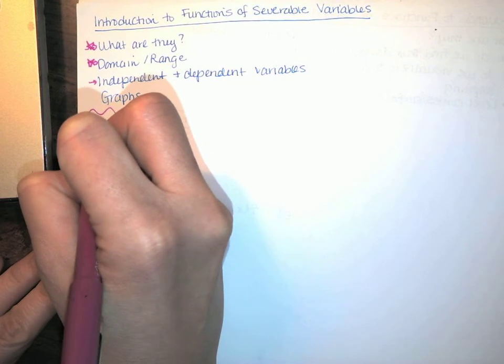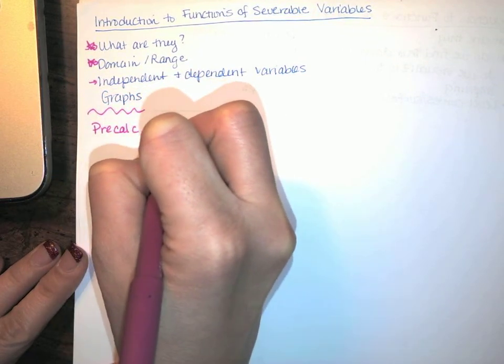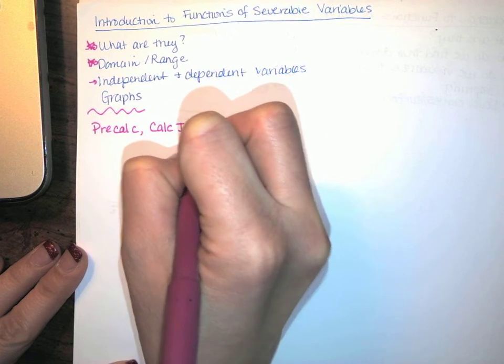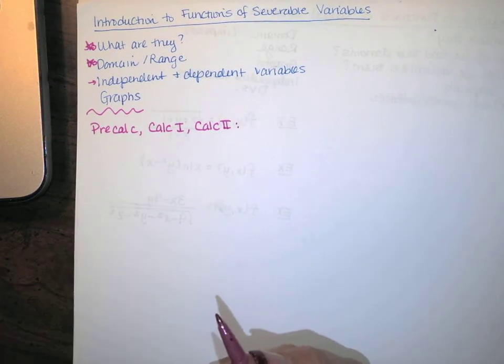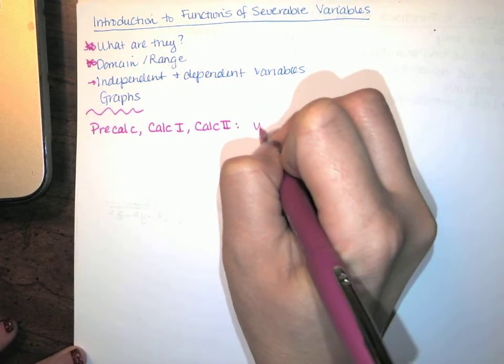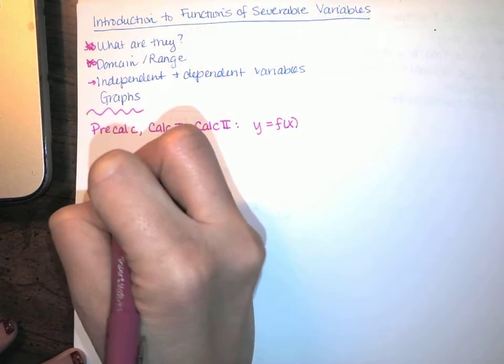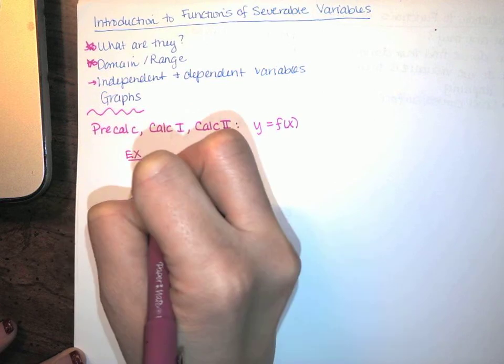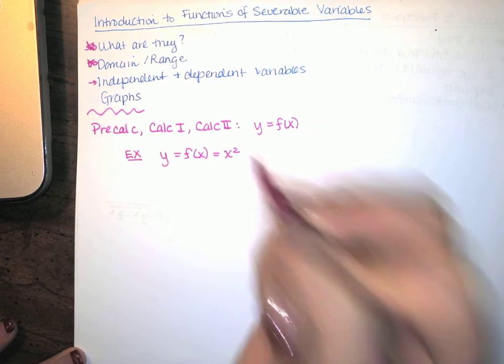Back in pre-calculus, as well as Calculus 1 and Calculus 2, you worked with functions of one variable. Typically we had y equals f of x. Just for example, I might have y equals f of x, and f of x is equal to x squared.